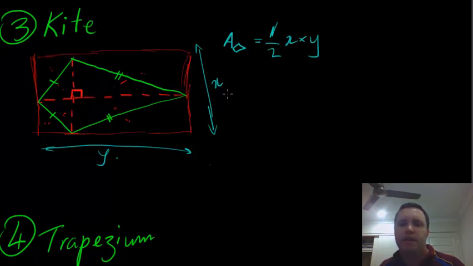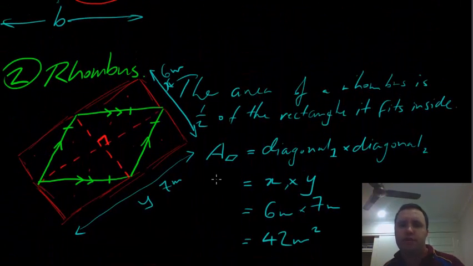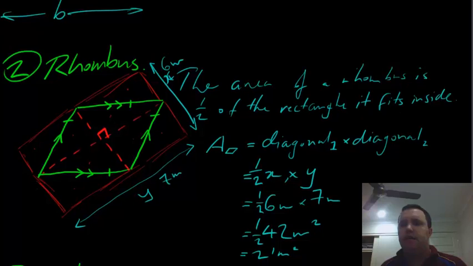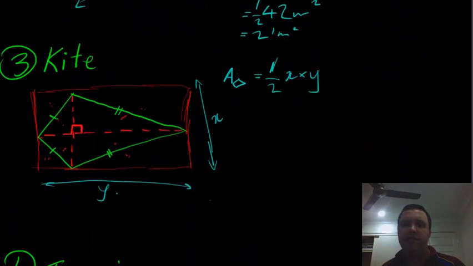Okay, and let me just scroll up to our rhombus. This is half of the X times Y, half of this, half of 42 meters squared, which is 21 meters squared. That was a bit naughty. Right, so half of it. Same here.